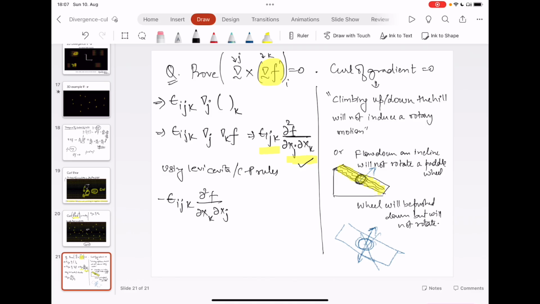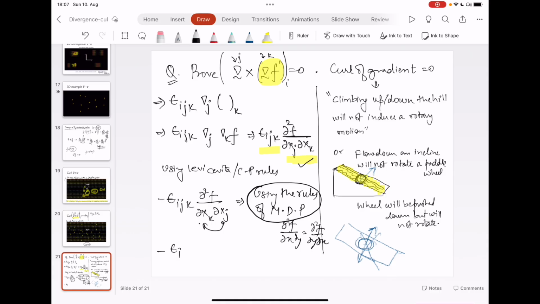Yes or no? But now I'm going to use the mixed derivative property. What is the mixed derivative property? That del square f by dou x dou y is equal to del square f by dou y dou x. It doesn't really matter in what order you take the derivative. So I can flip this again back using this rationale, and you'll see what happens.